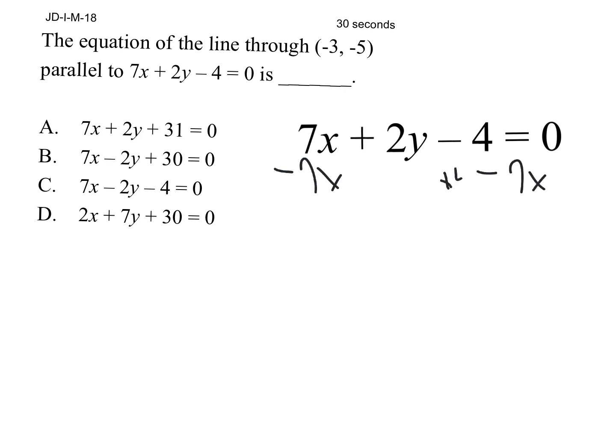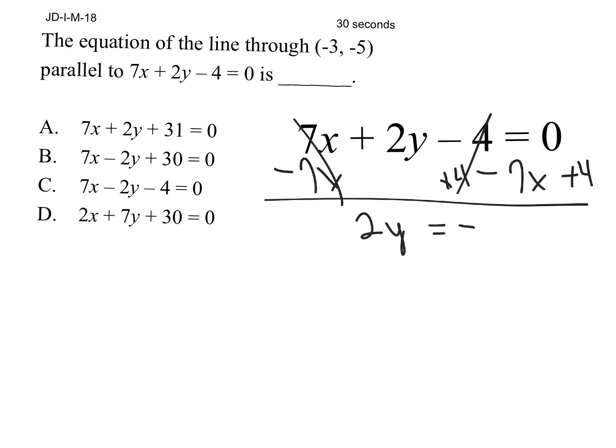And really we're more concerned with the variables, not the constants. So, I mean, technically we would add 4 on both sides, but that's not really our concern. Our concern is this right here. Slope is -7/2. That's what we want. So if it's parallel, it has the same slope.